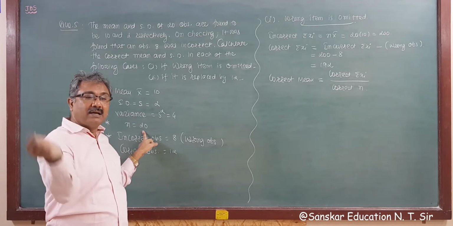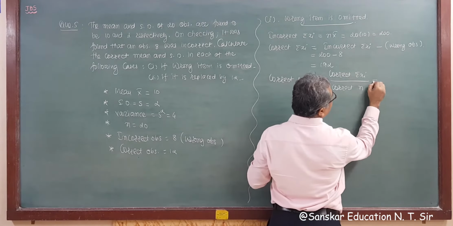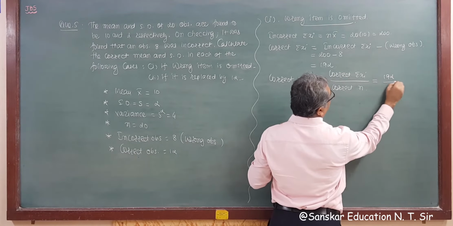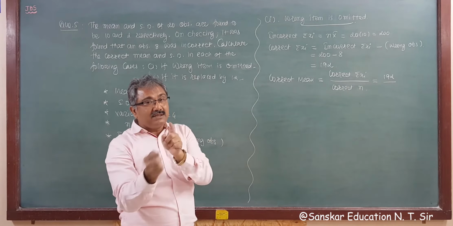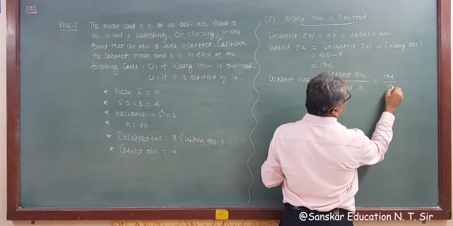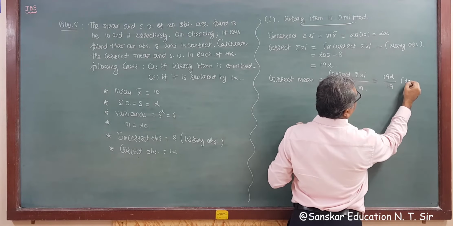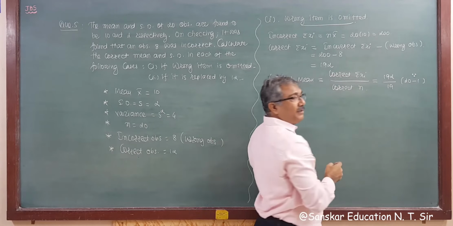Correct n is 19. So correct sigma xi, 192, upon correct n, which is 20 minus 1, because an observation is deleted.